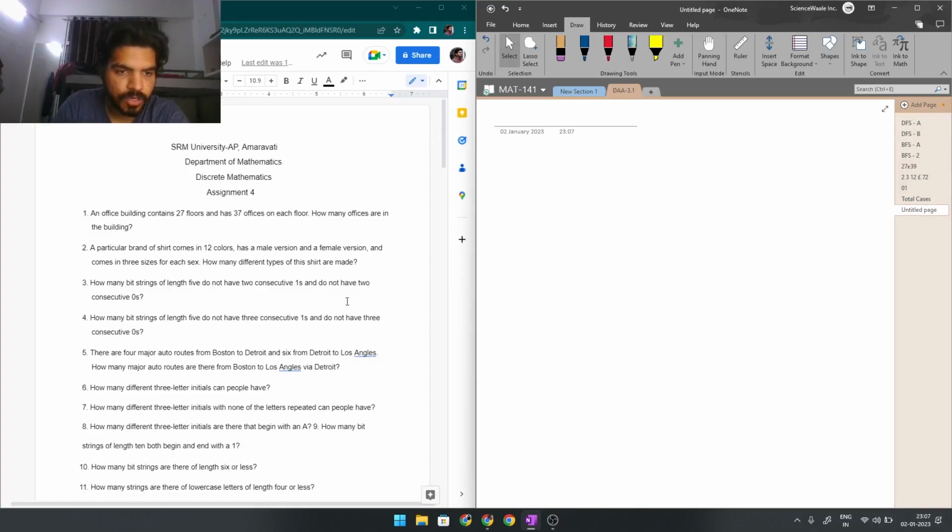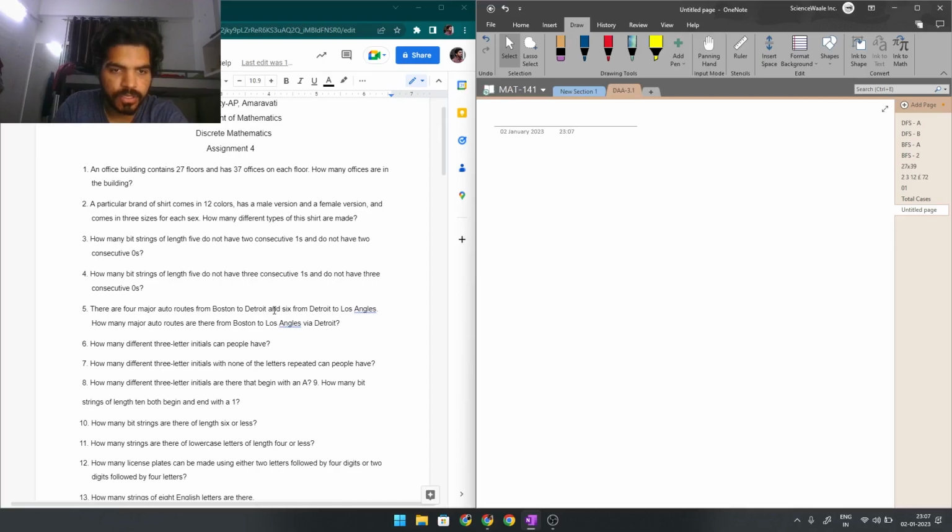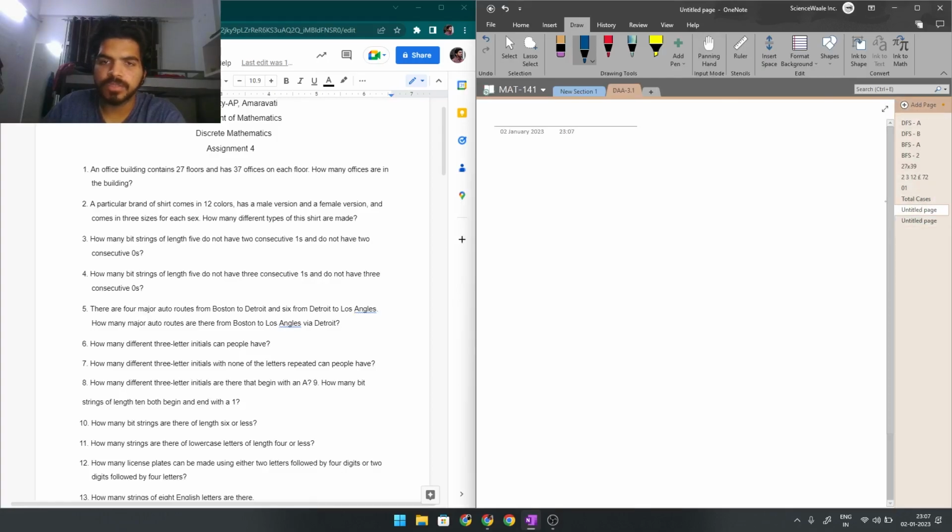There are four major auto routes from Boston to Detroit and six from Detroit to Los Angeles. How many auto routes are there from Boston to Los Angeles via Detroit? For this question, let's make a diagram first.